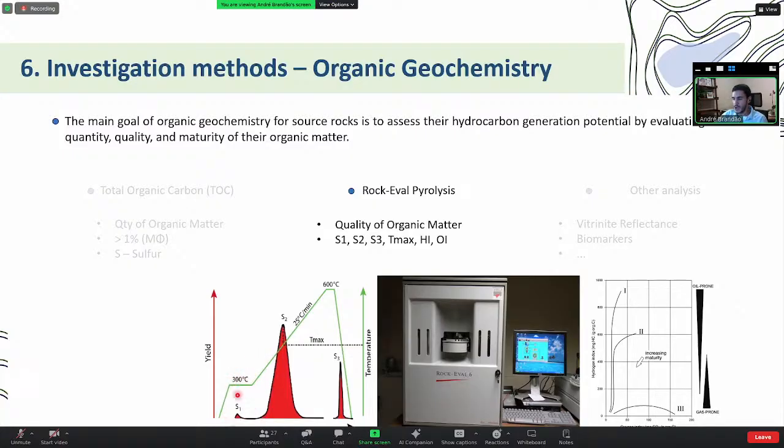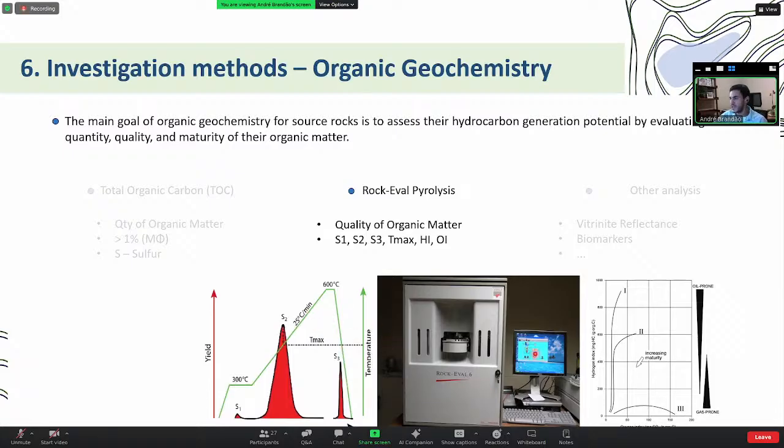And this is called S1, basically the hydrocarbon that is already generated by this source rock. Then you progressively increase the temperature until you get the peak of generation and you get that temperature. And this is the potential of hydrocarbon that can be generated by this source rock. And this is the amount of CO2 that is later generated.